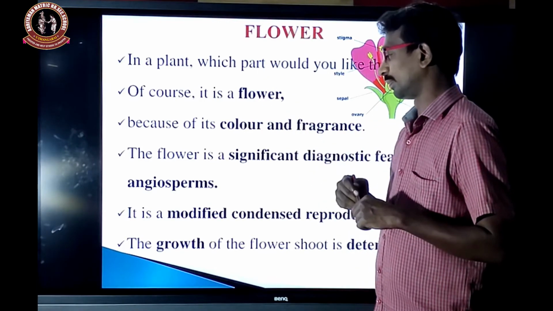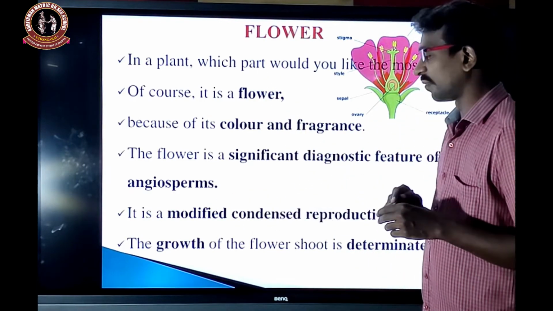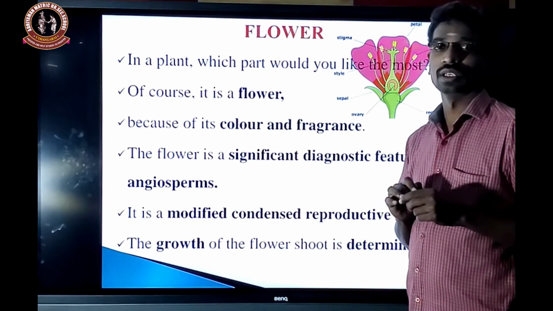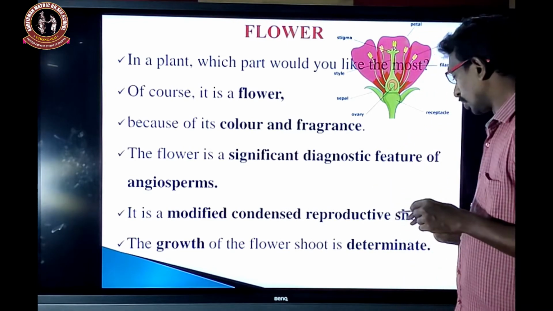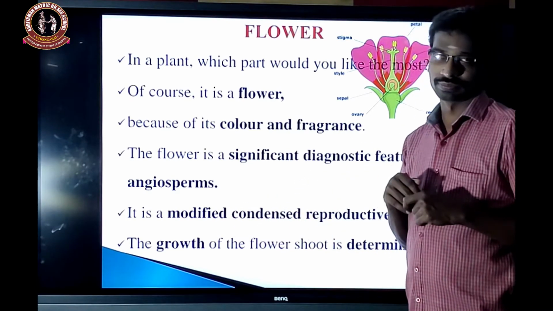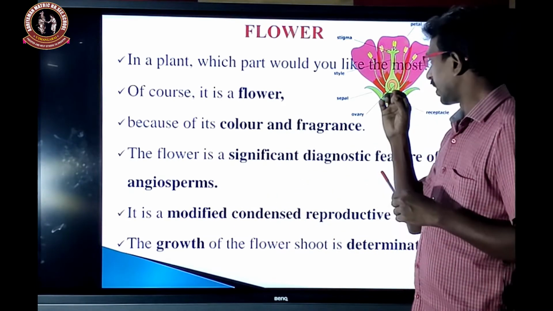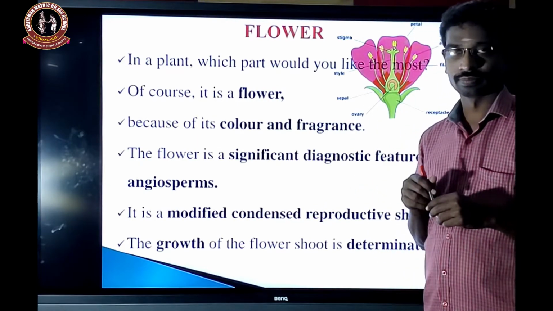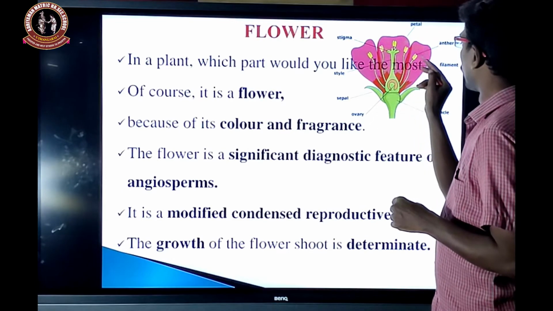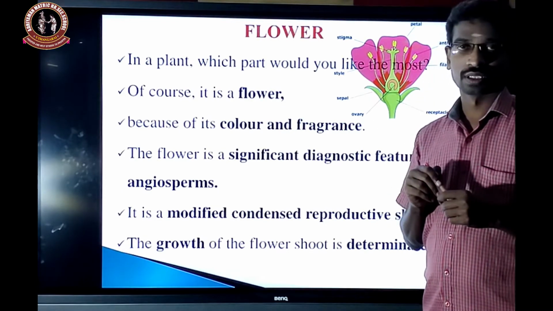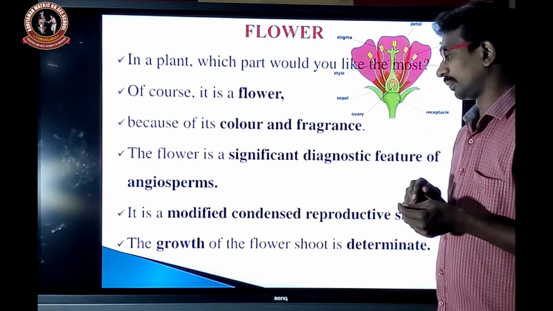Which one? The flower. It is a modified and condensed reproductive shoot. It is a shoot system, but it is modified and condensed. They have very much reduced node and internode regions, and the flower parts are modified leaves.